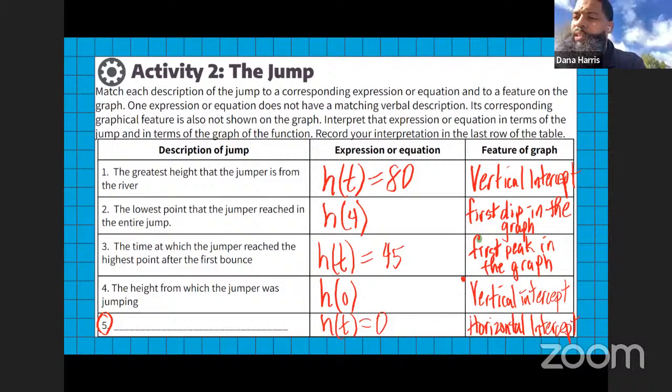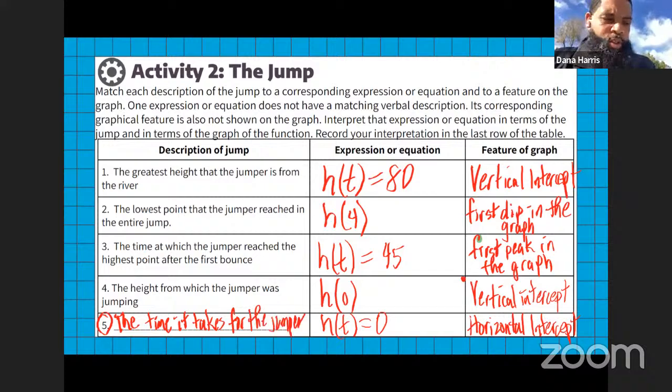Well, how do we describe that? We describe that as the time it takes for the jumper to hit the water, or the river.